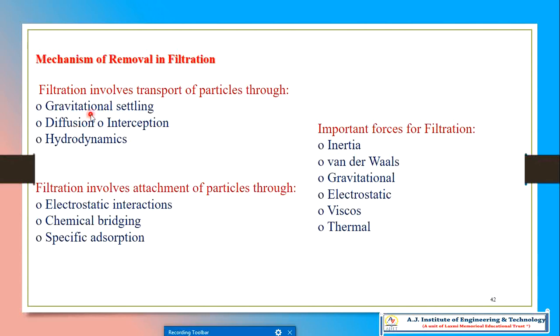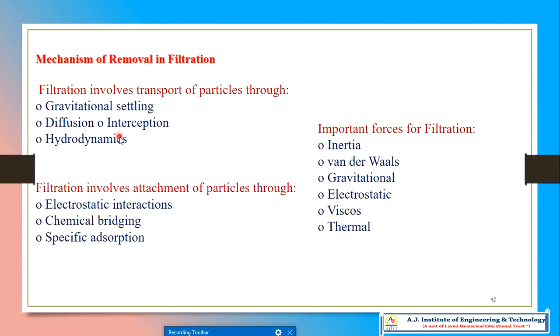Again, there are some types of mechanisms which are important to know. Filtration involves transport of the particle: first gravitational settling, then diffusion takes place, interaction between the particles, interception, then hydrodynamics.